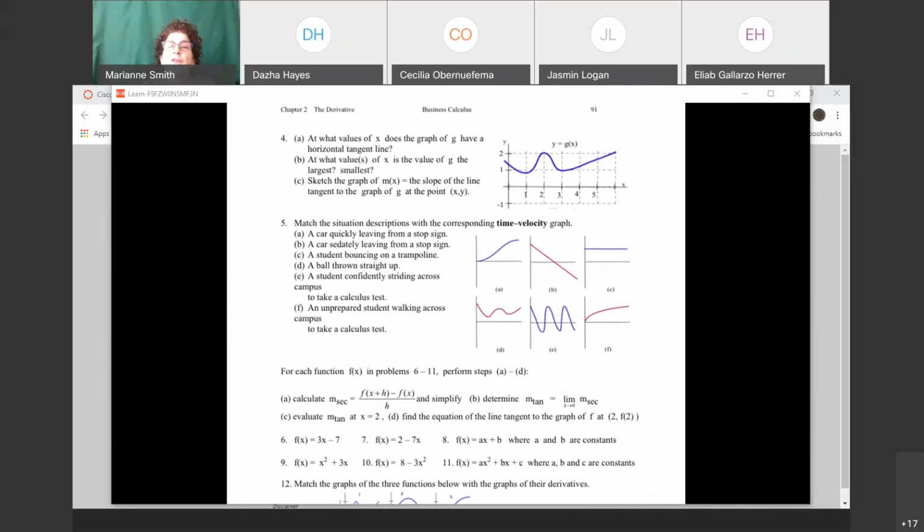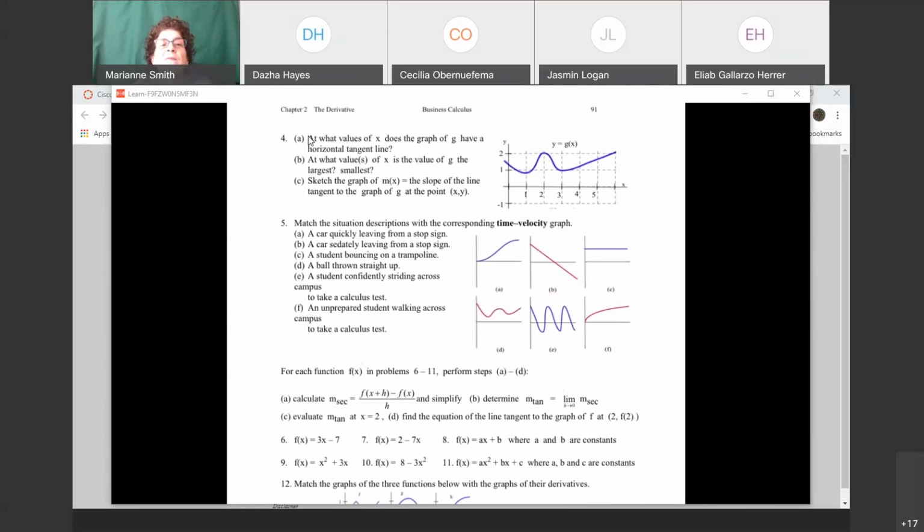If you look at number 4, it's asking at what values of x does the graph of G have a horizontal tangent? So let me see if you can answer for A. Answer for A in the chat.